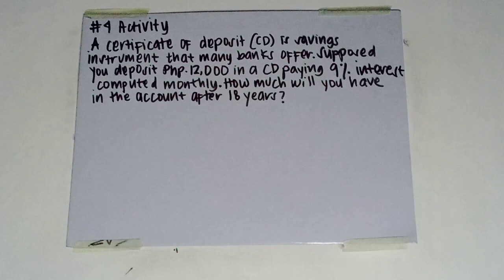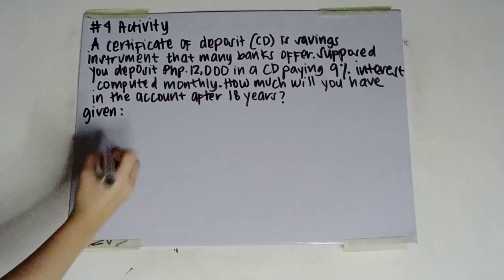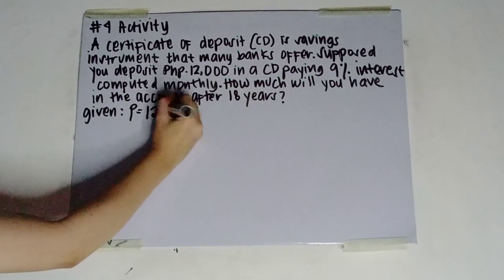Activity number 4. A certificate of deposit, or CD, is a savings instrument that many banks offer. Suppose you deposit 12,000 pesos in a CD, paying 9% interest compounded monthly. How much will you have in the account after 18 years? Okay, so write the given. P is equal to 12,000 pesos.